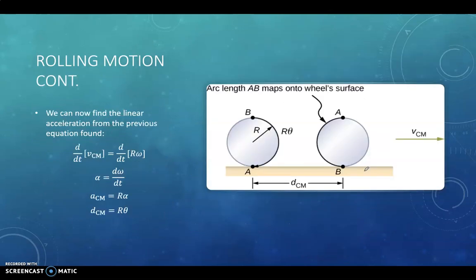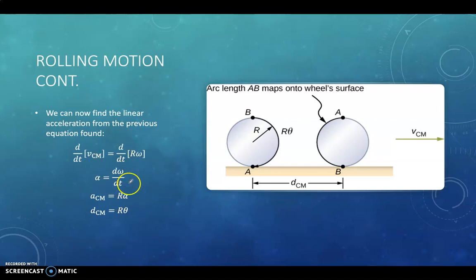All right, so now we can find the linear acceleration. From the previous equation we found that v center of mass is equal to r omega. Now we'll take the derivative to find the acceleration. The angular acceleration alpha is equal to d omega dt, and so we find that a center of mass is equal to r alpha.